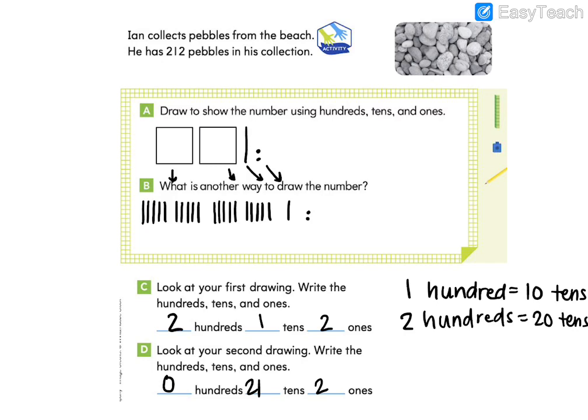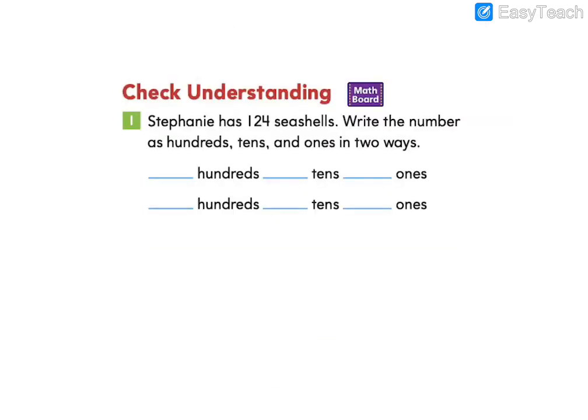Let's look at the check understanding. Stephanie has 124 seashells. Write the number as hundreds, tens, and ones in 2 ways. So in the first one, think about how we would write it in all the lessons previously. And then in the second one, think about how we would write that with 0 hundreds.